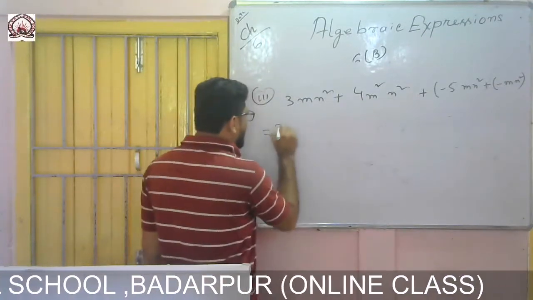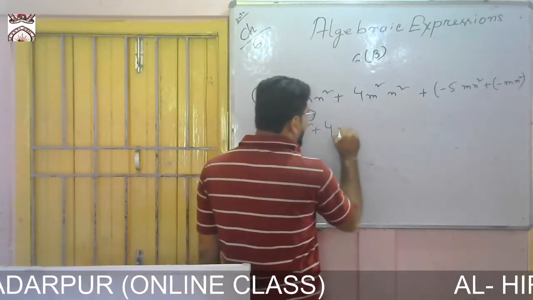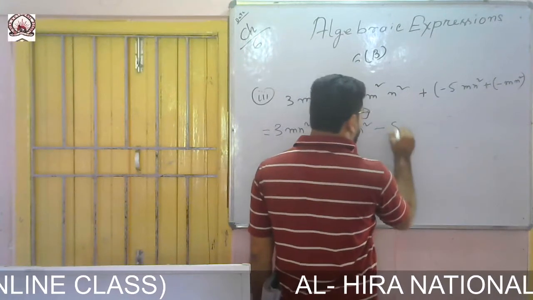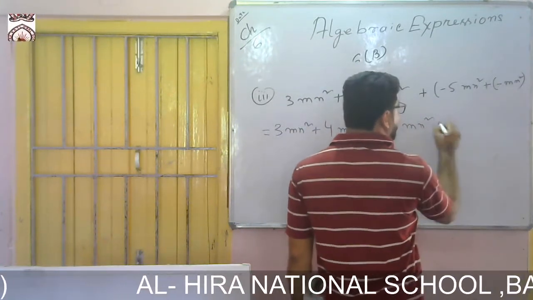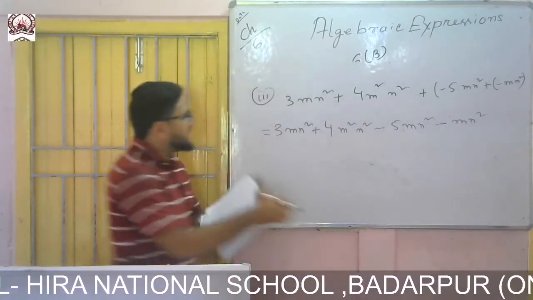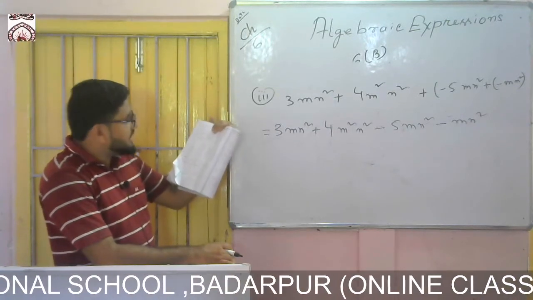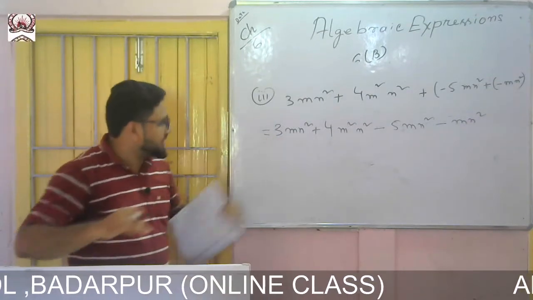First you break this one: 3mn square plus 4m square n square plus minus minus 5mn square, then again plus minus minus mn square. Okay. 3mn square plus 4m square n square plus minus 5mn square plus minus mn square.